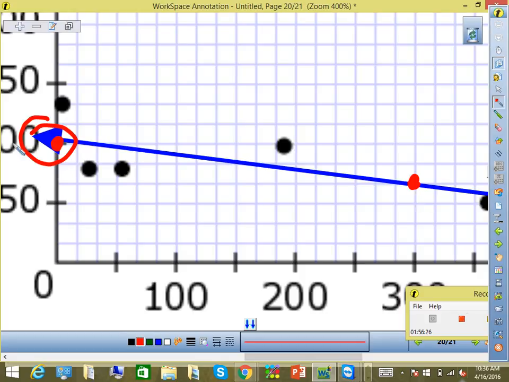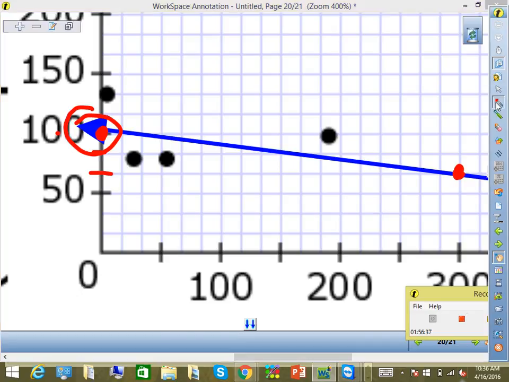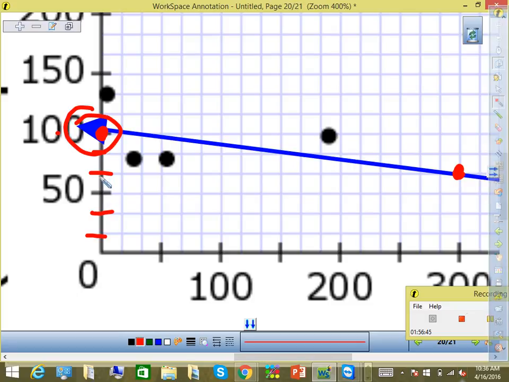So I'm at 100. If I go down, each one of these seems to be, let's see, what is it scaled? About 15 or so. So how many steps down did I take here?